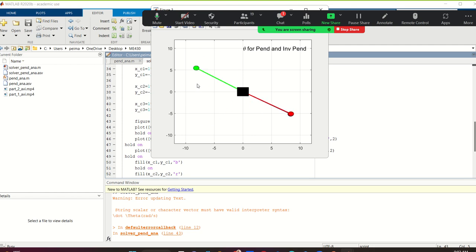Around which point? Okay, so I'm saying unstable system. Unstable has an equilibrium point. See what I'm saying? It's unstable by itself. It cannot even stay at the position. That's why it's ridiculous.